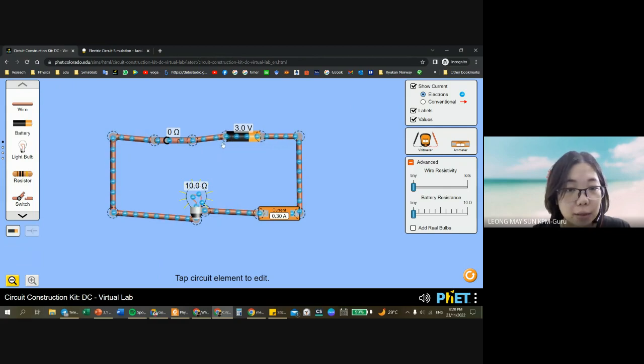So electrons will move from the negative terminal of the battery, passing through the rest of the circuit, going through the light bulb, passing through the ammeter, and going back to the positive terminal. When the electrons move from the negative terminal to the positive terminal through the complete circuit, then only will there be current flowing.